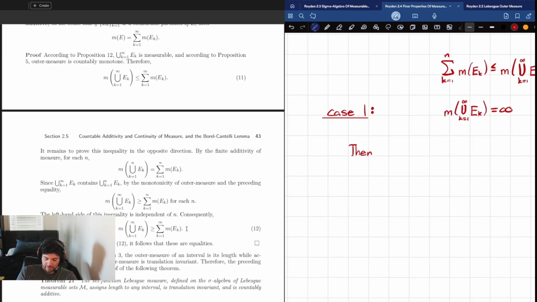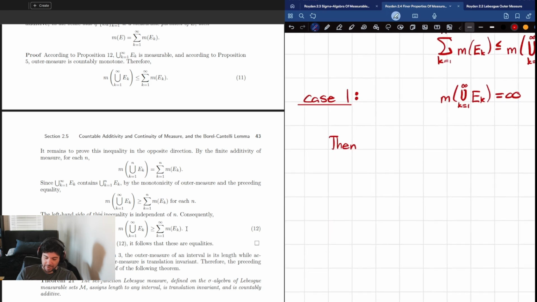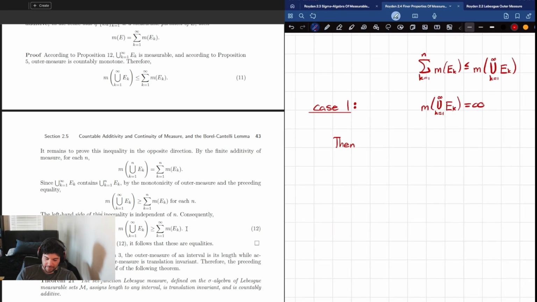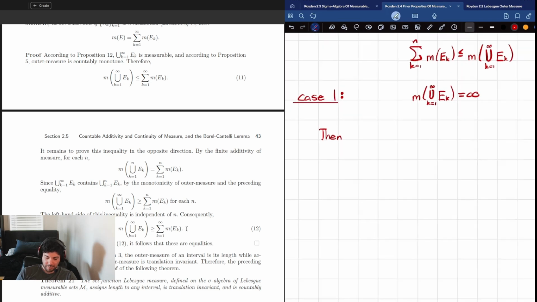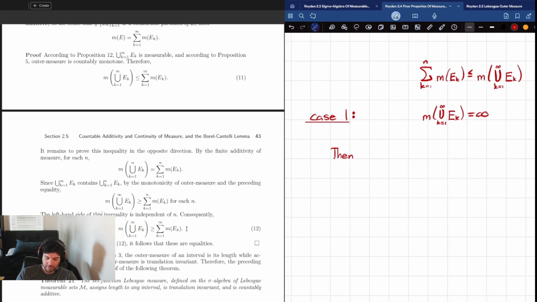If this is infinite, then the sequence of partial sums can either be finite or infinite, and since the terms in the sum are strictly positive, it can only be positive infinity. So this is always true.